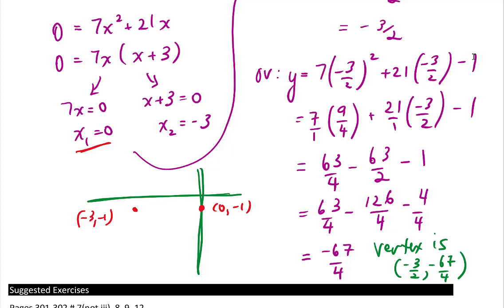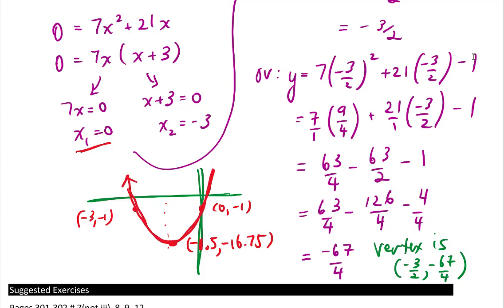And we now know the vertex is in between these two, and it goes down to negative 67 over 4, which is exactly negative 16.75. So if you want, we can say this is negative 1.5 and negative 16.75. And there is our sketch.